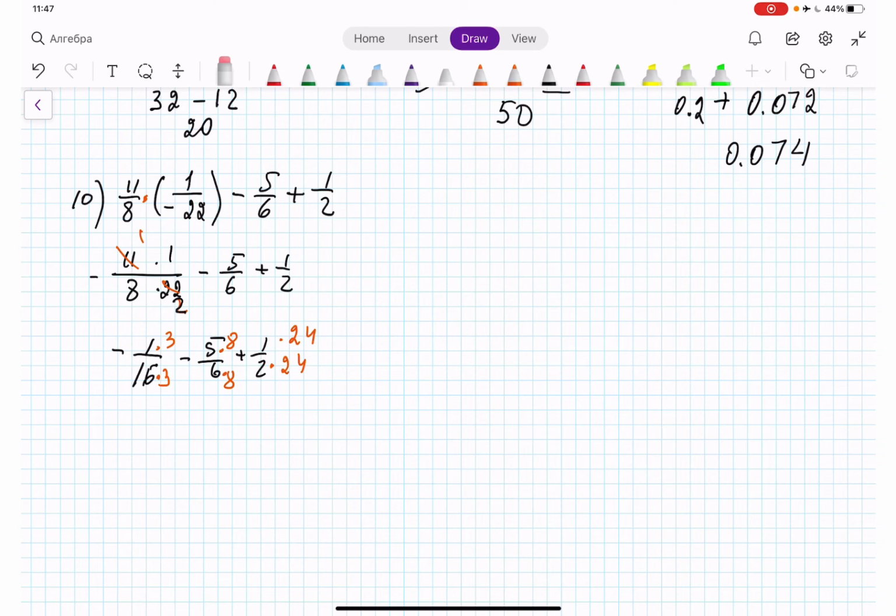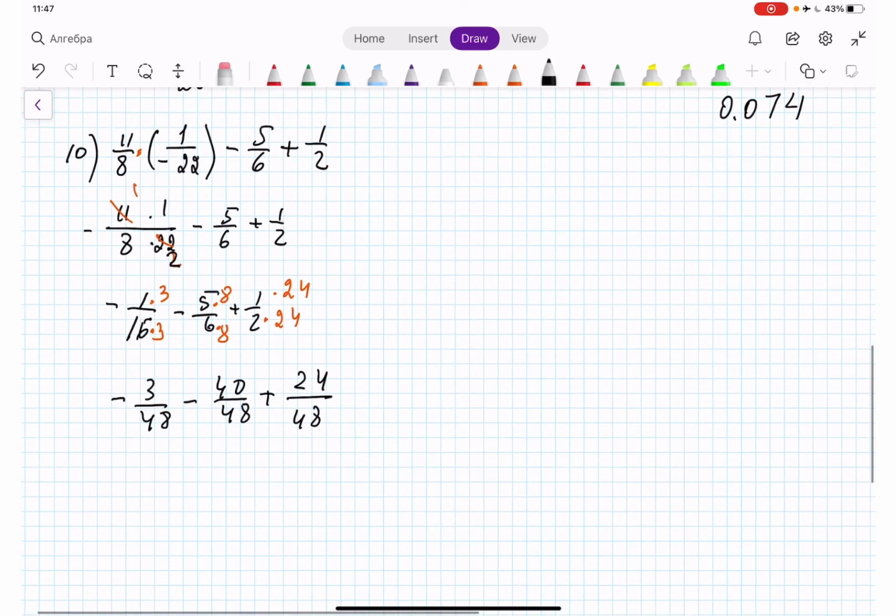So what do we get? Here it's going to be negative 3 over 48 minus 40 over 48 plus 24 over 48. So we have 48, negative 3 minus 40 plus 24.